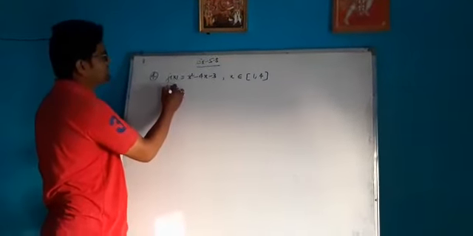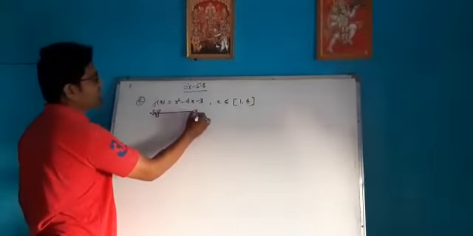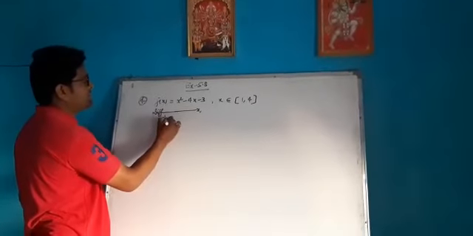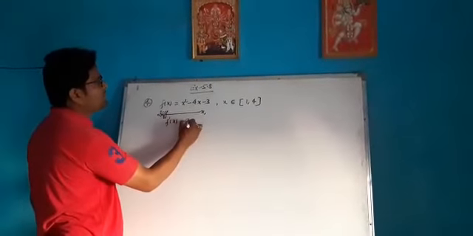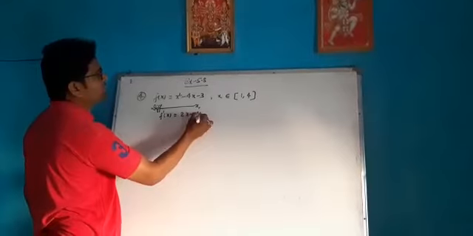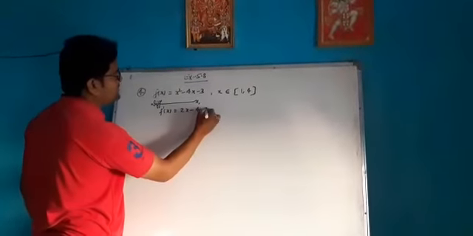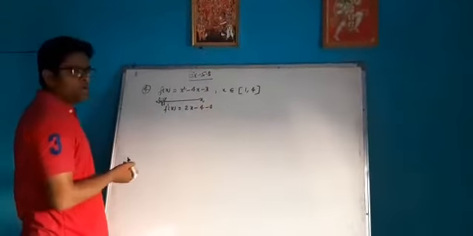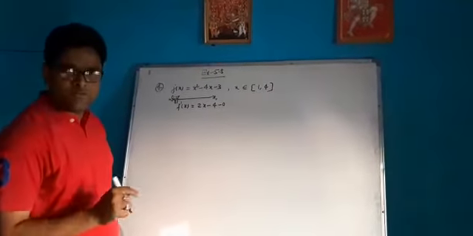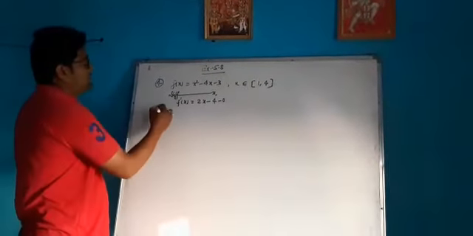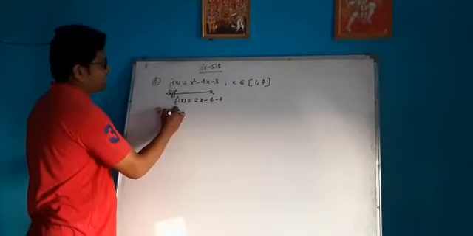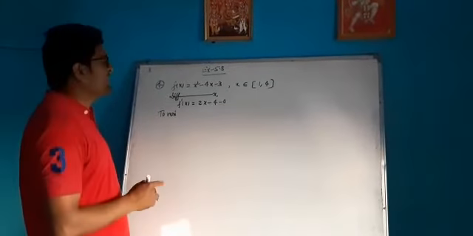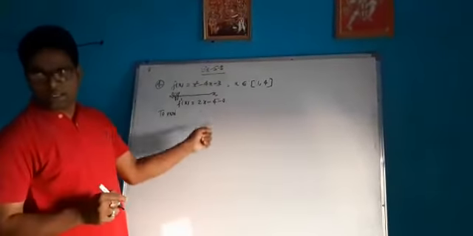Now just differentiate it. Differentiating both sides with respect to x, we write f dash x is equal to 2x minus 4 minus 0. Now we have to verify here the mean value theorem. To verify the mean value theorem we need f of 1 and f of 4.